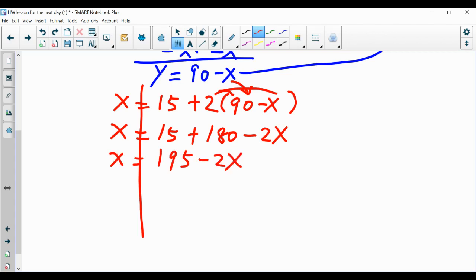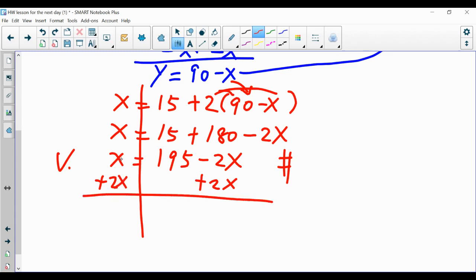Now we see the variable on both sides of the equation. What can we do? We want the variables on one side and the numbers on the other. I want the variables on the left side and the numbers on the right side, so I don't want the negative 2x over there. Since it's negative, you do the opposite: add 2x at both sides.